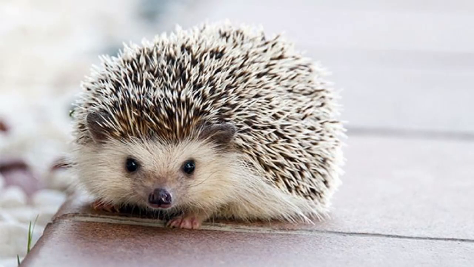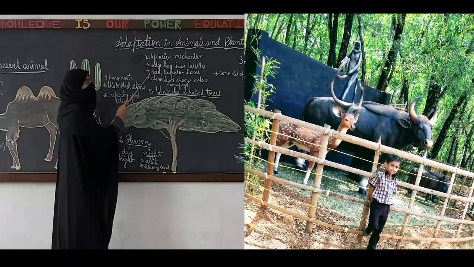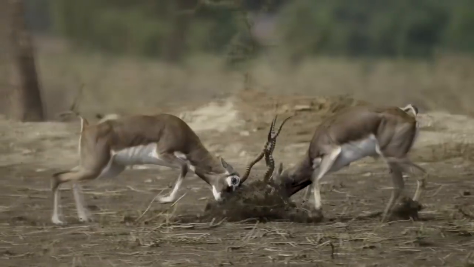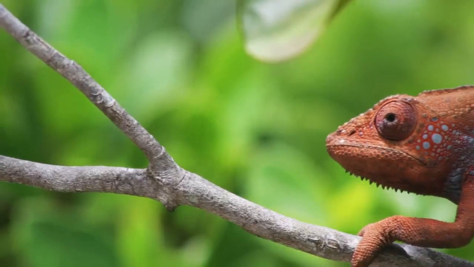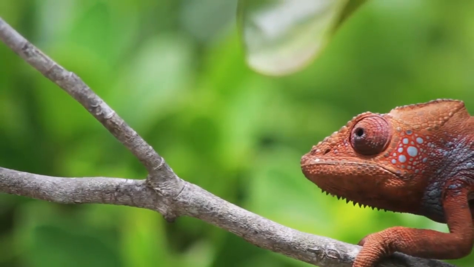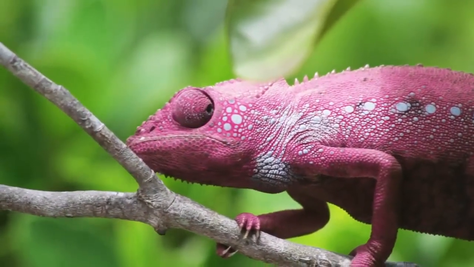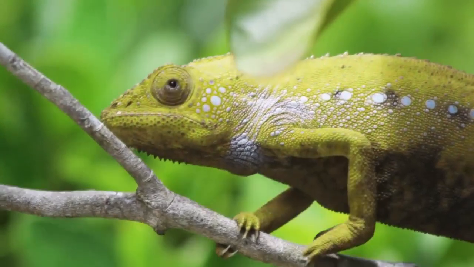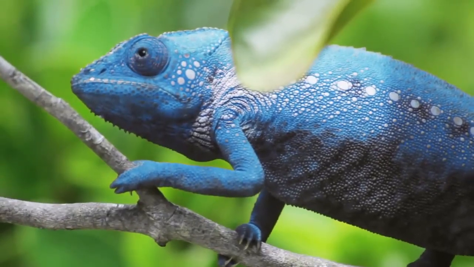Like hedgehog have bristles in order to defend itself from the enemies, and animals like deer, buffalo, they have horns, and chameleon changes its color when it sees any enemy in front of it, or when it is in danger. The changing of its color is called camouflage.